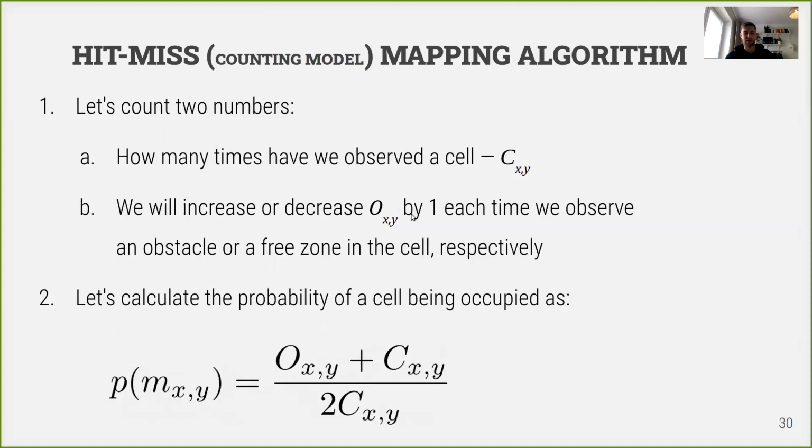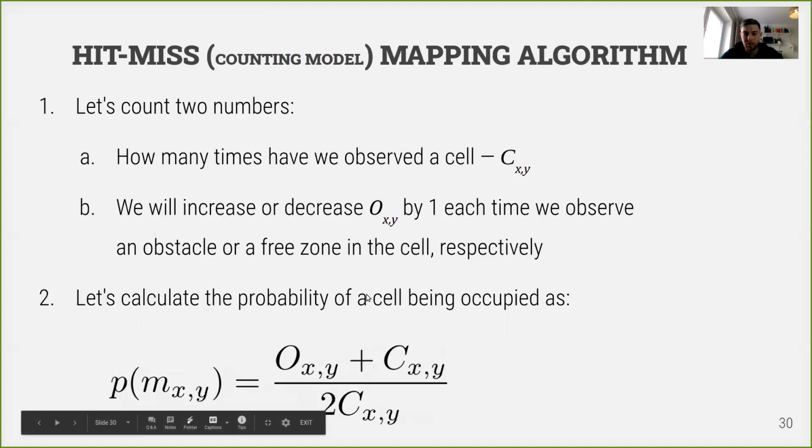And we also have a second number, O, which we either increase or decrease by 1 each time we observe an obstacle or free zone in this cell. We have our sensor, for example LiDAR, which tells us where obstacles are and where free space is, right? Each time we see an obstacle in a particular cell, we increase this value O for this cell, and each time we see free space, we decrease it by 1. In the end, we just calculate the probability given this formula.